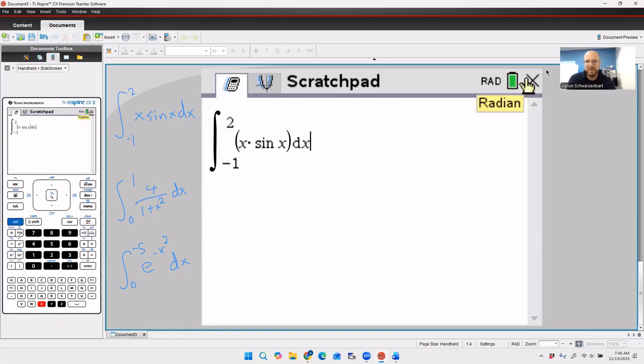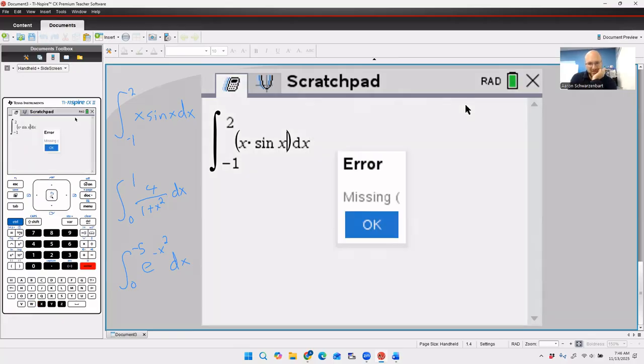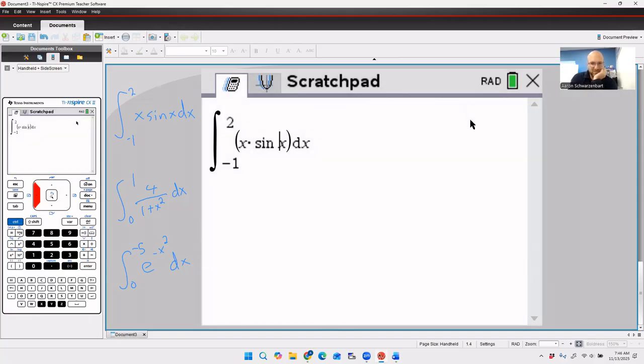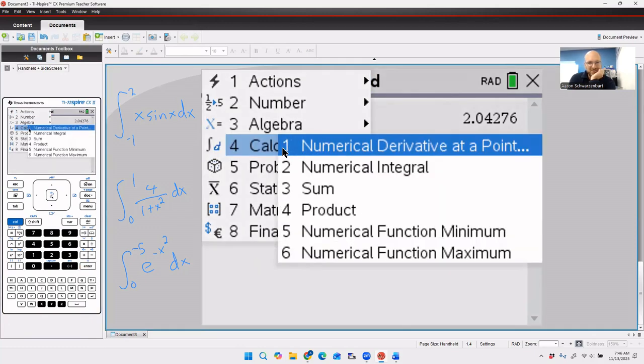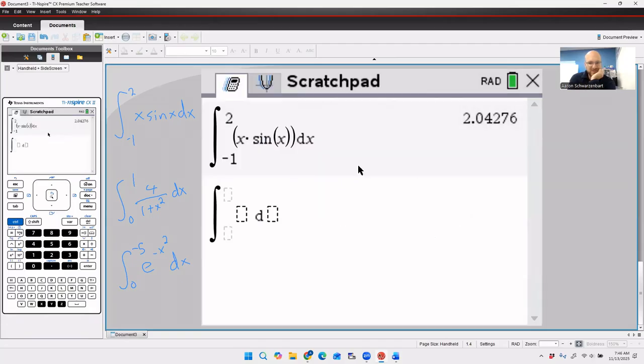It's very important that I am in radian mode. Make sure you check whenever doing trig. Missing parentheses. Oh, what's that? 2.04. Okay, that was easy.